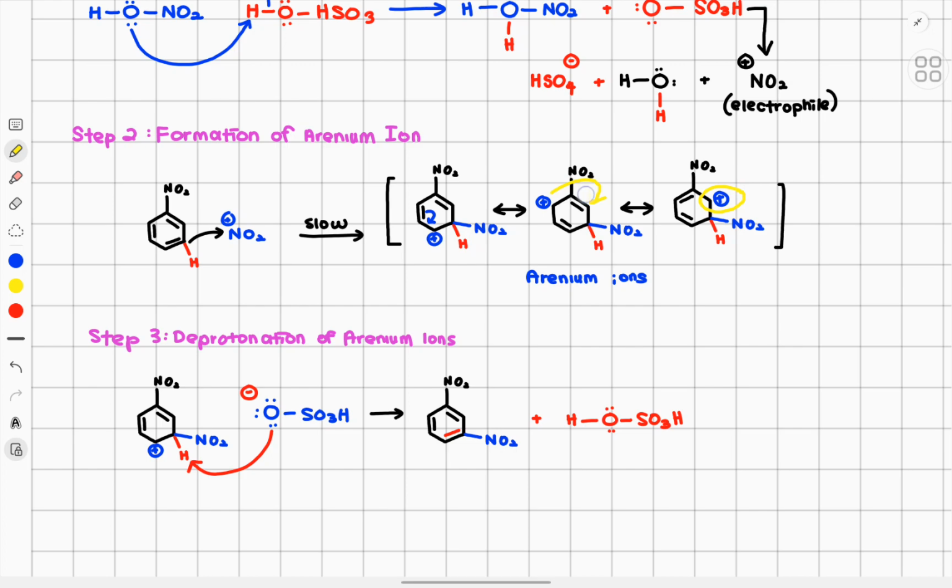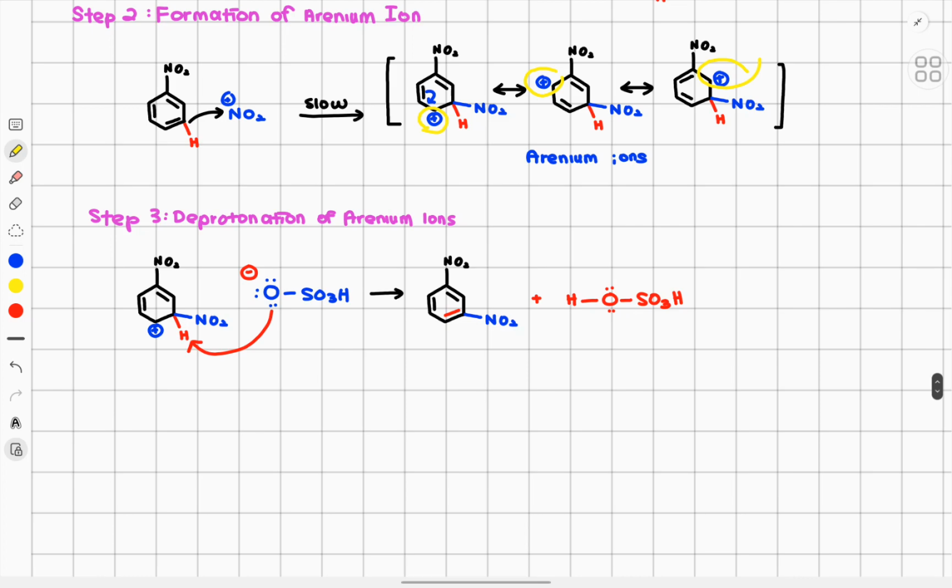So the carbon double bond will move here and form an ion here. So we can see there is a changing of different places of the ion.